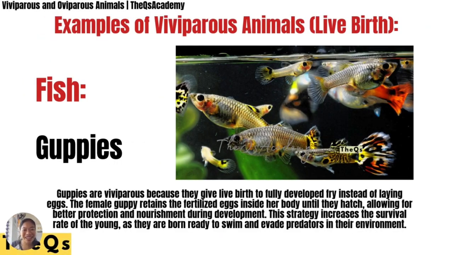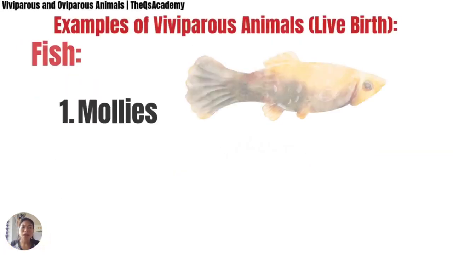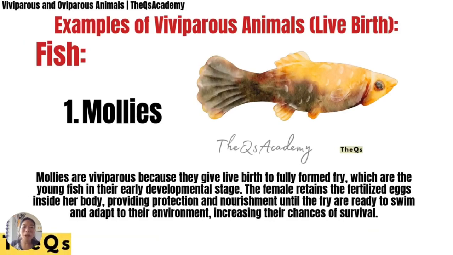We have fish. Yes, fish like guppies are viviparous because they give birth to fully developed fry instead of laying eggs. Fry is the name of their young. So guppies are different from other fish. Here, mollies.